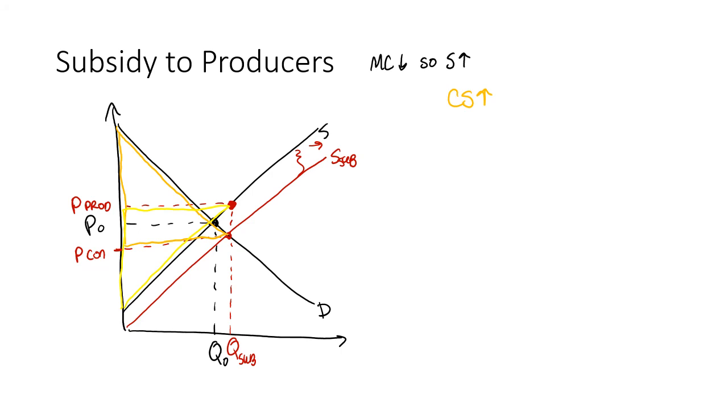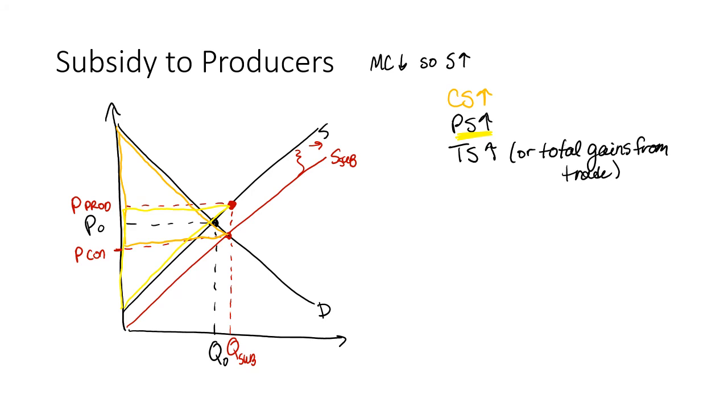And so producer surplus is also higher. The yellow's hard to see, so I'll just underline it. Okay. So together, since both of those are rising, total surplus, or total gains from trade, as we also call this, is going up. Okay.